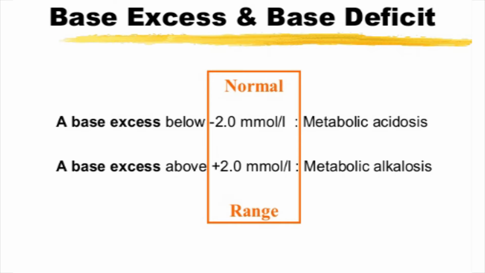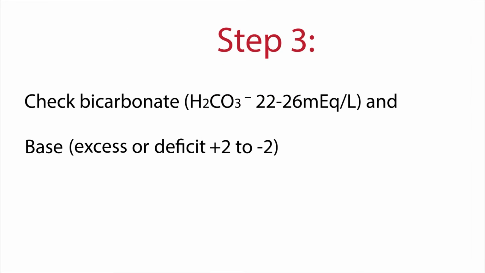As the proportion of acid rises, the relative amount of base decreases. And as the proportion of acid decreases, the relative amount of base increases. Abnormally high values greater than +2 reflect alkalosis or an excess of base, whereas low values less than -2 reflect acidosis or a deficit of base.